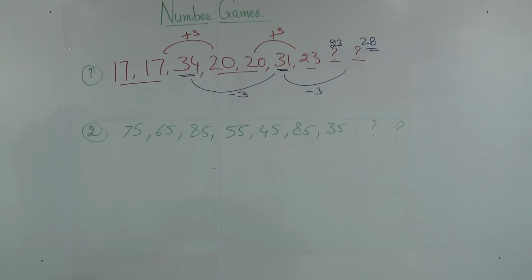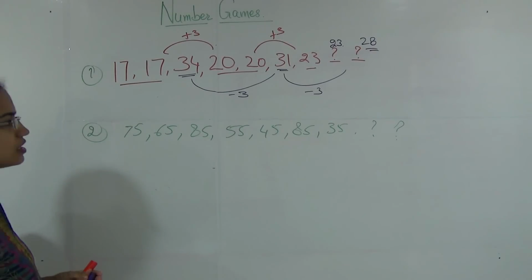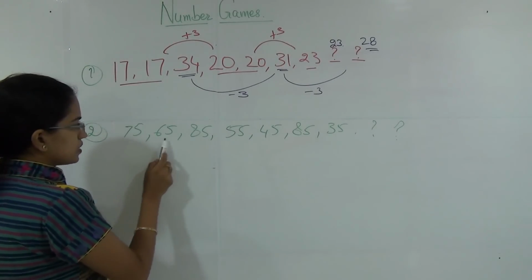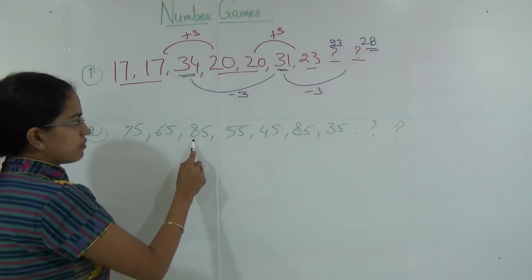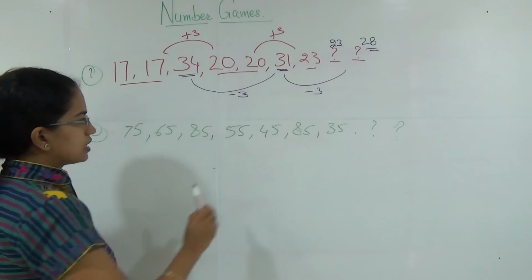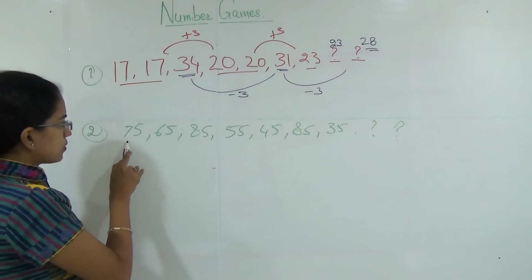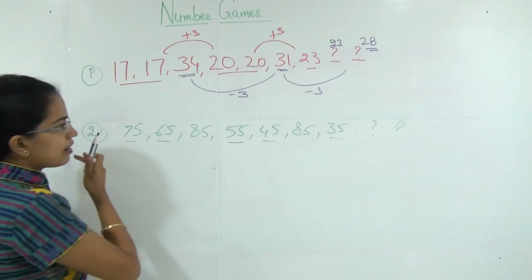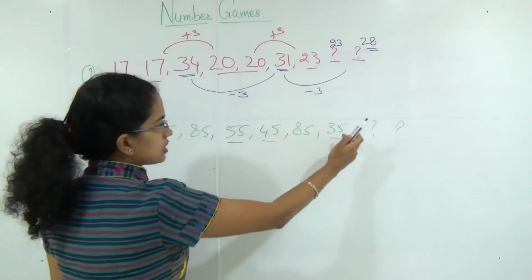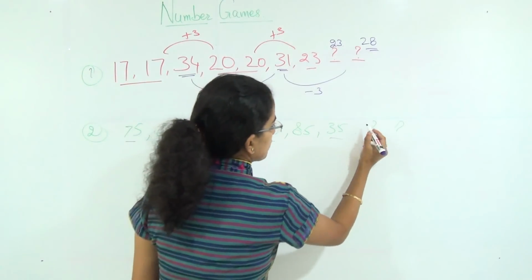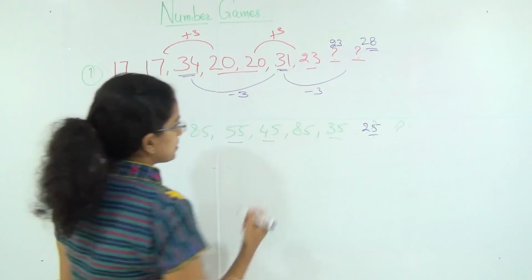This question is very simple, but it can be confusing for a lot of students because the student might think, I am starting with 75, 65 and then 55, okay, why is this 85 coming up? But if you observe this question correctly, you will see that you have 75, 65, 55, 45, 35. That means you have this series which is decreasing in a sequence of 10. So after 35 there should be 25. So the next number here should be 25.